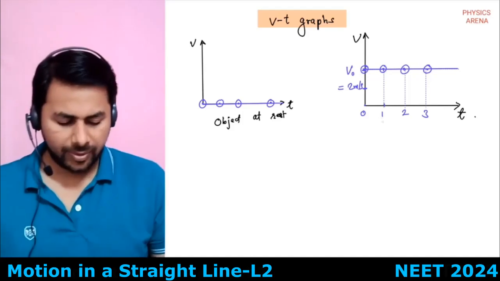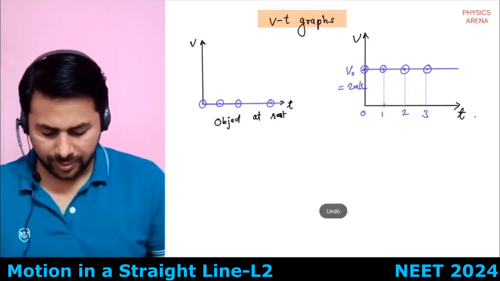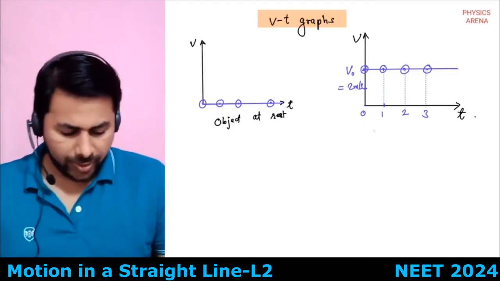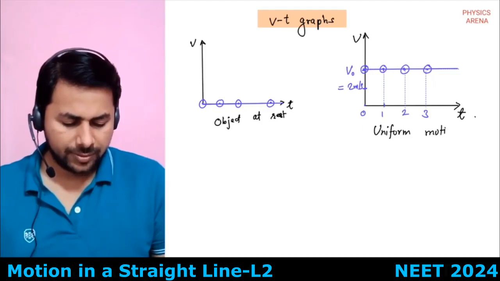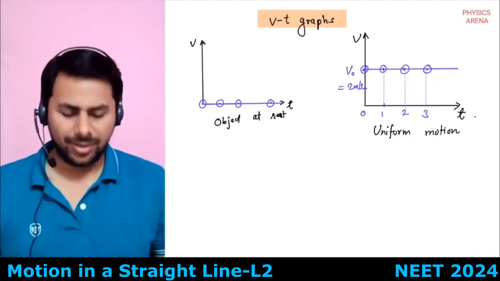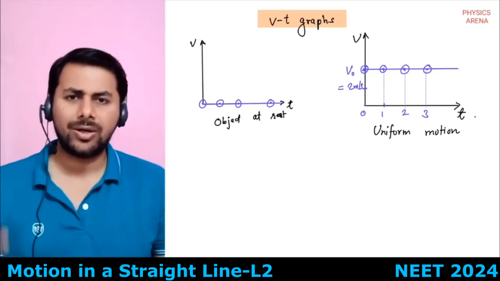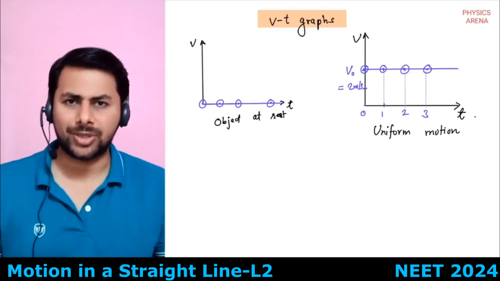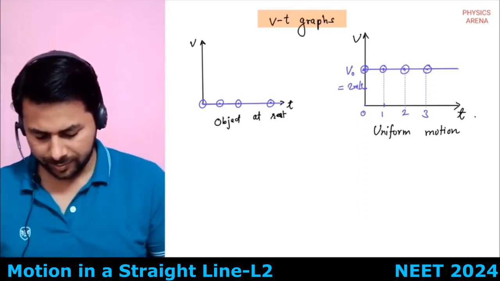This is for uniform motion with some constant velocity. Now, how will the velocity versus time graph look like for uniformly accelerated motion? So can you tell me?